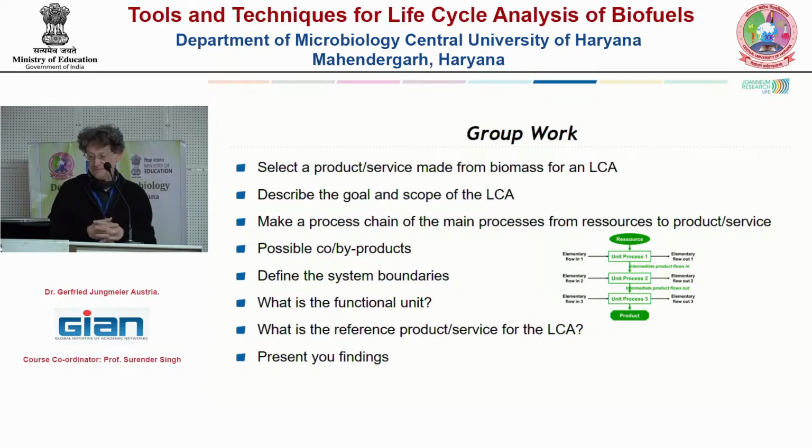You think about it and then at least define the system boundaries. The system boundary is between nature, so nature is going into the system boundaries, simplified, and the product is coming out of the system boundary. Everything in between, you have these unit processes where you need to collect the data and make the LCA.